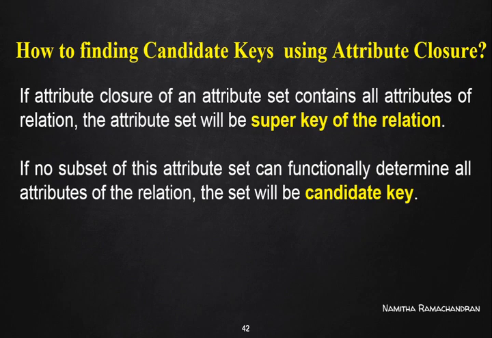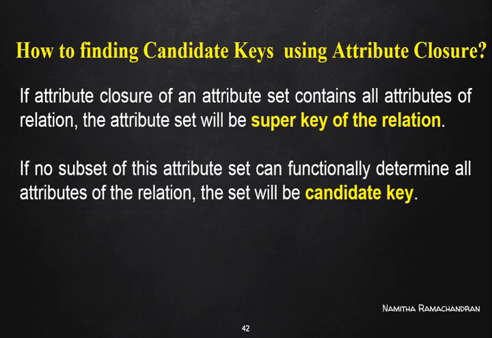Candidate key means minimal super key. We can't remove any attribute from the given super key. Otherwise it loses its super key property. While removing a certain attribute from the super key set, it loses its super key property. So such a set of attributes is known as the candidate key.